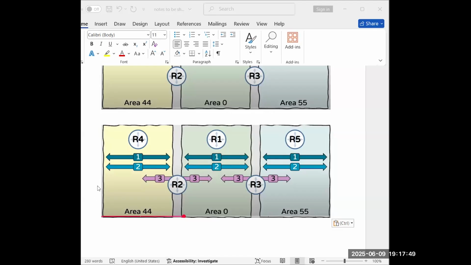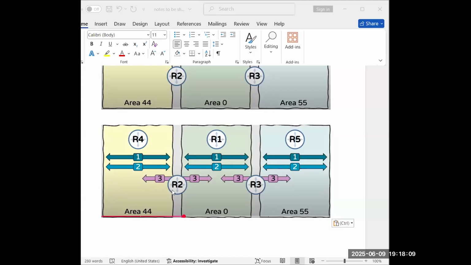Since this ASBR and this ABR fall under the same area, the ASBR's LSA update in type 4 is going to reach the R2 router.